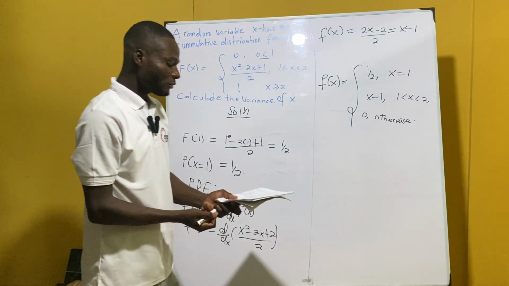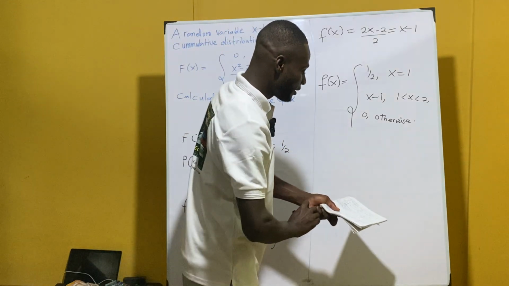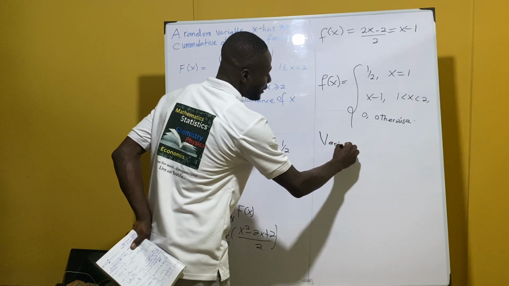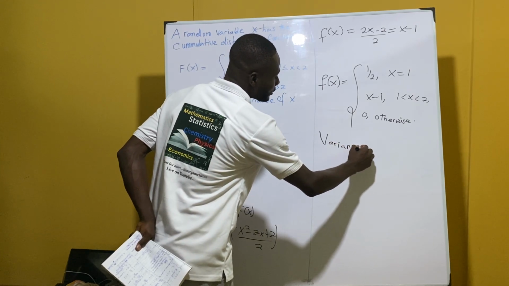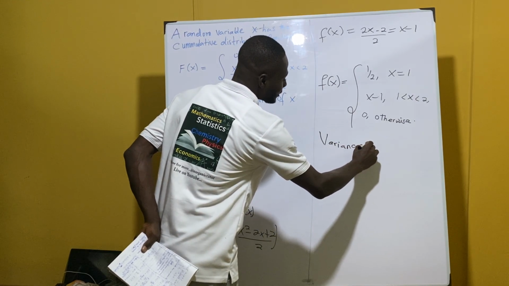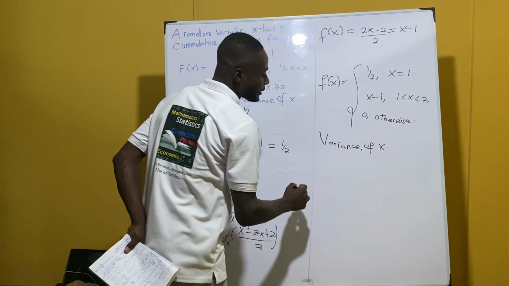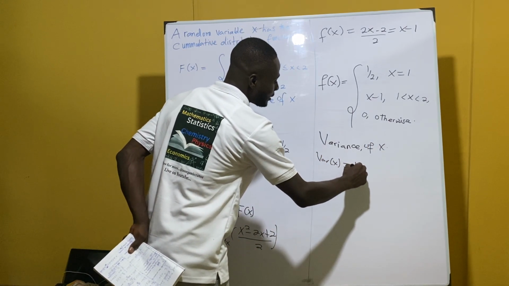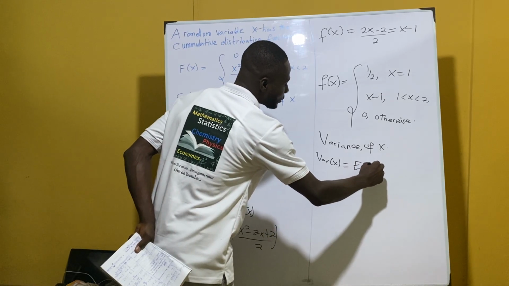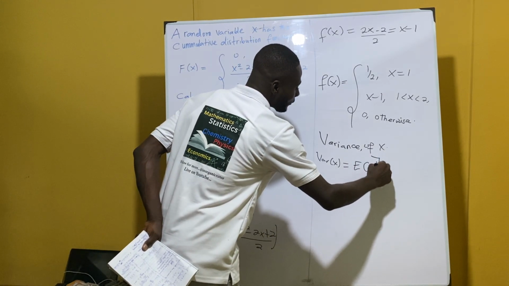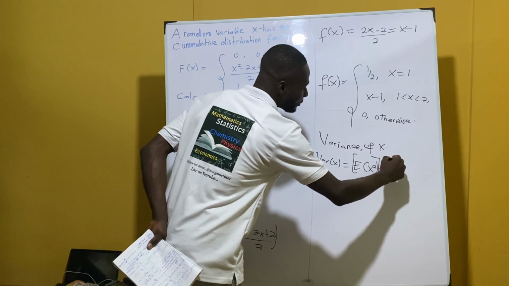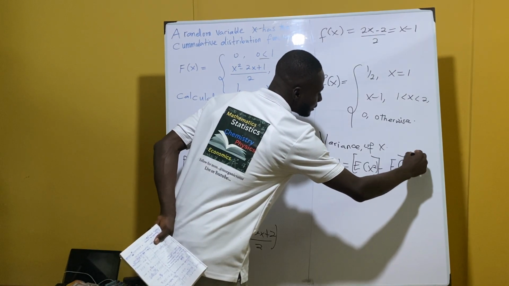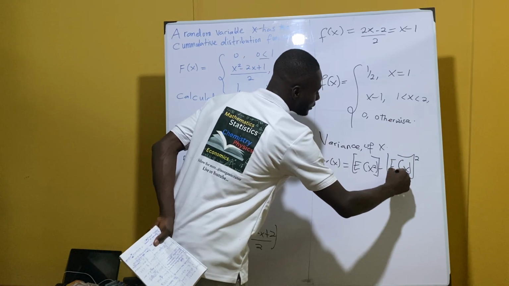And we know that the variance of x, var of x, is the expectation of x squared minus the expectation of x, all squared.